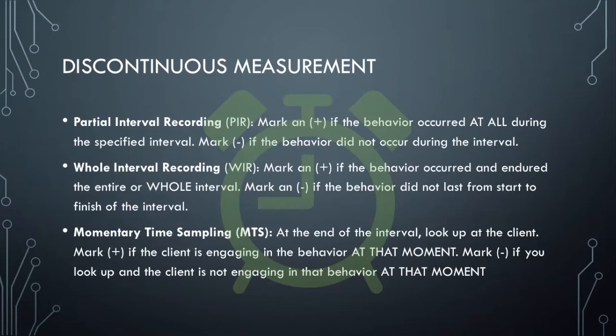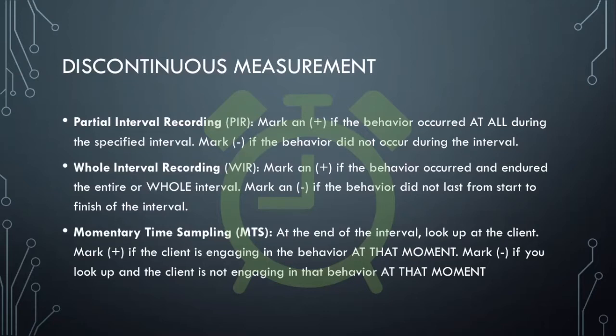If at that very moment the client is engaging in that behavior, she will mark that it occurred, or put a little plus sign. Even if that kid is engaging in that behavior during the whole 5-minute interval, but he stops at the very moment that she looks up or at the moment that the timer goes off, it will be marked as not occurring.